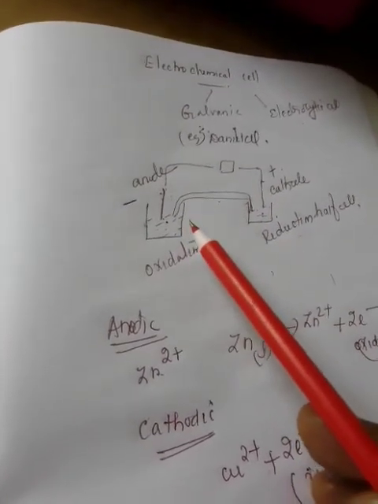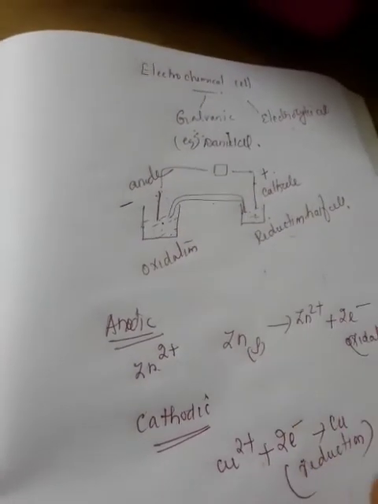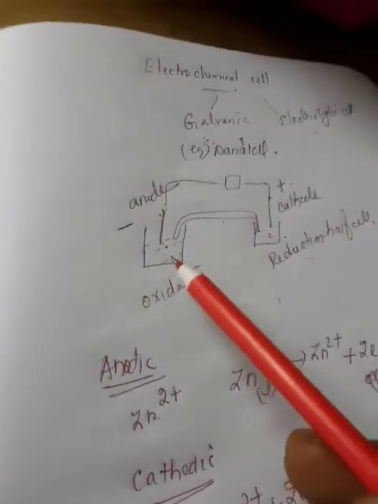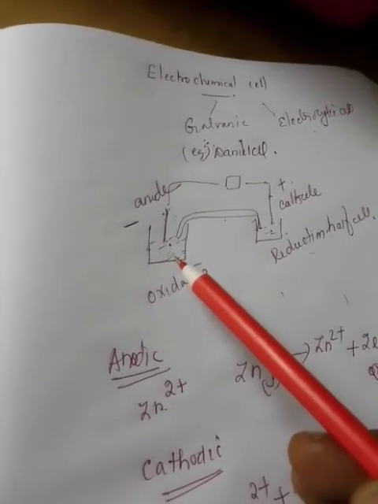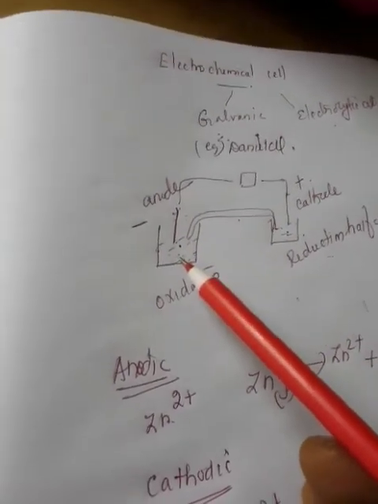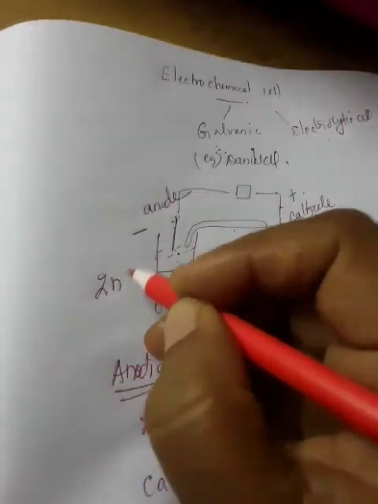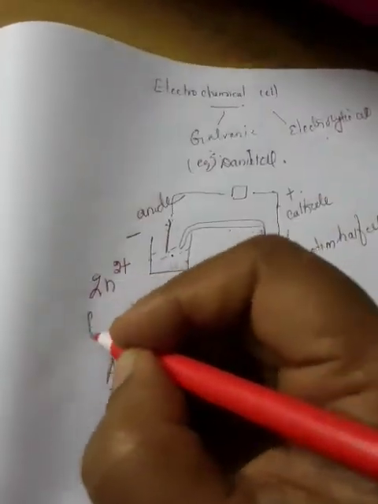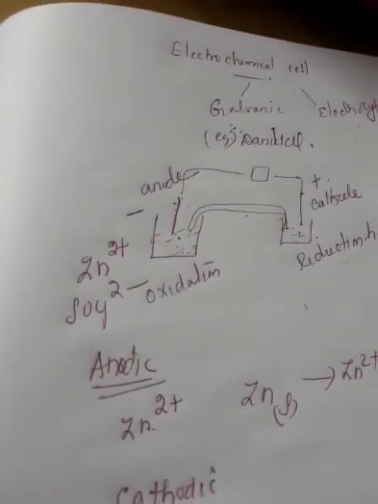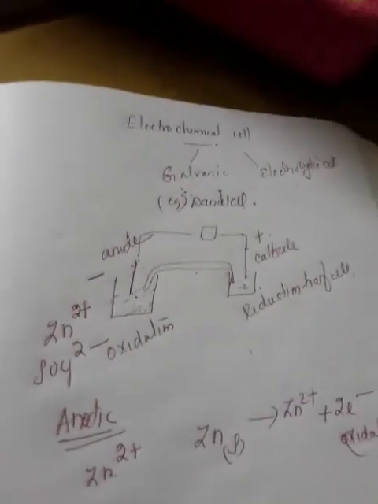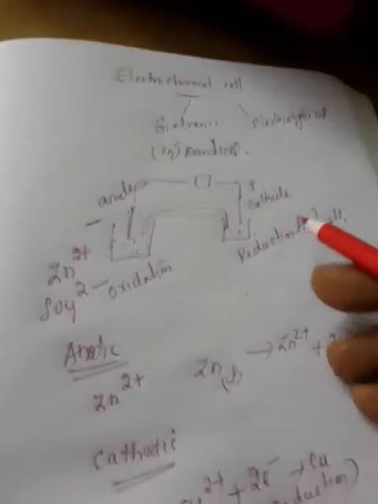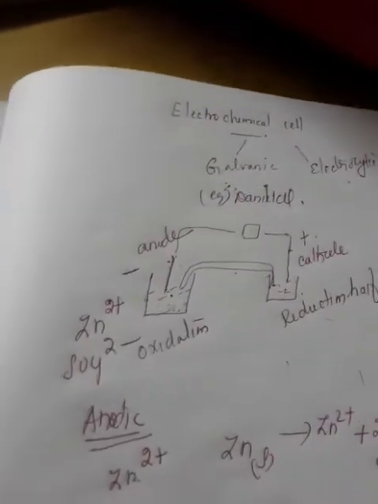Due to the oxidation of the zinc electrode at the anode, the Zn2+ concentration increases and the solution contains more Zn2+ than SO4 2- ions. So the solution in the anodic compartment becomes positively charged.